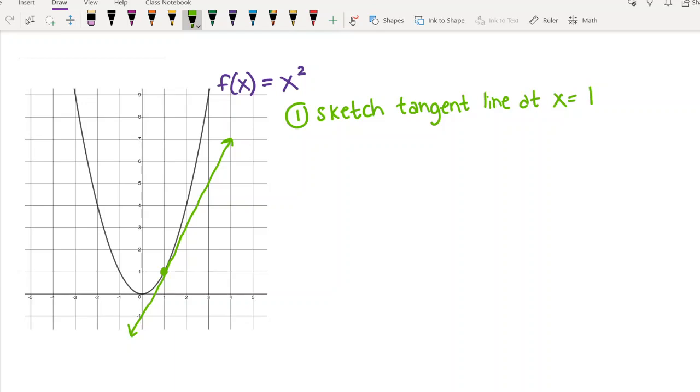So it's hard to eyeball exactly what the slope is. To figure out exactly what the slope of this tangent line is, rather than relying on estimation, we're going to use a trick: we're going to look at secant lines and use them to figure out the slope of the tangent line.